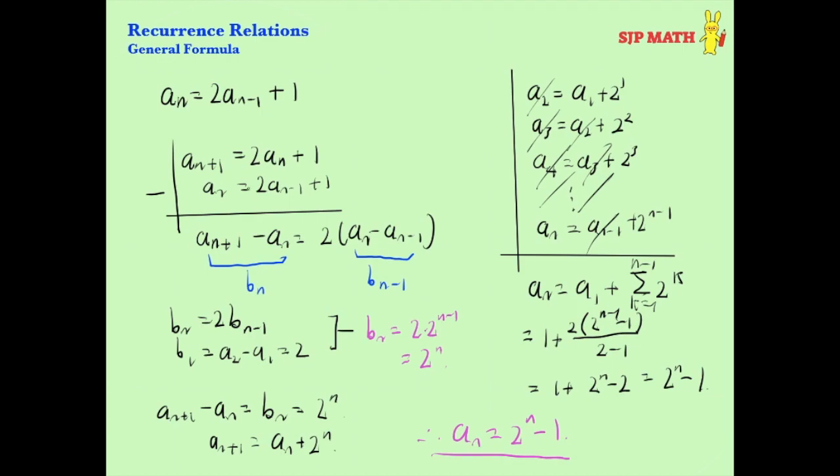But this is just an alternative way to do it, another interesting way to solve this kind of recurrence relation. But remember, you can only do this when it's this kind of structure. So this technique only applies for certain recurrence relations.